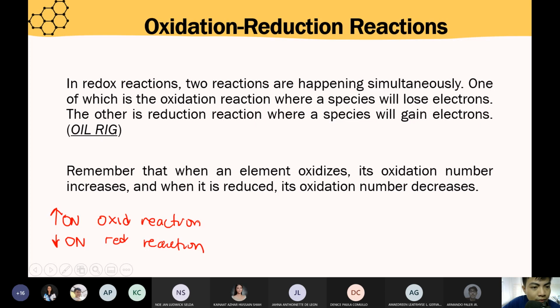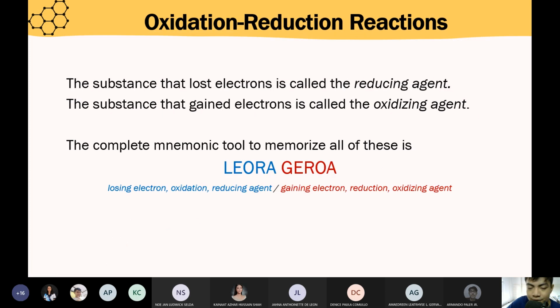Okay? So may iba pa tayong terms when it comes to redox reactions. The substance that lost electron is called the reducing agent, and the substance that gained electron is called the oxidizing agent. Okay? So baka malito kayo, 'di ba? Kapag sinabi kong lose electrons, oxidation 'yon.